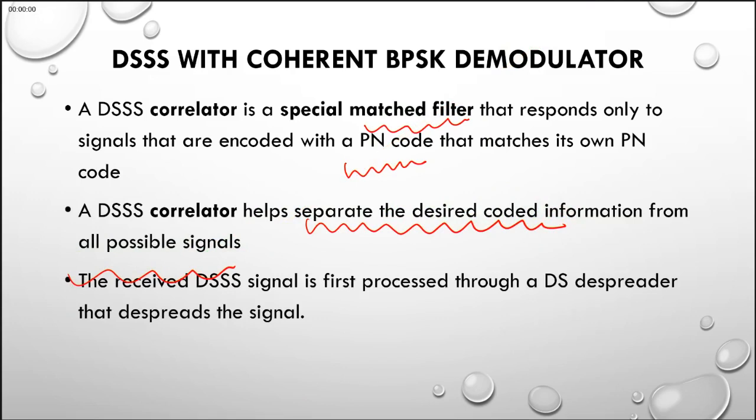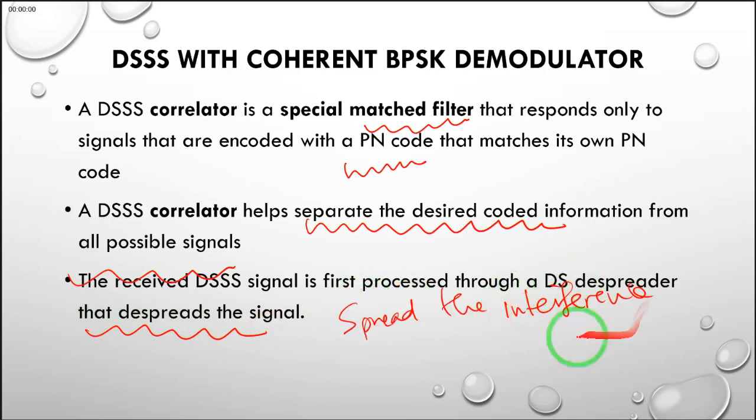The received DSSS signal is first processed through a DSSS spreader that is used to spread the signal. We have seen that what the spreader actually does is spread the interference, and therefore the effect of the interference becomes minimal, and it is filtered out once we apply our bandpass filter.